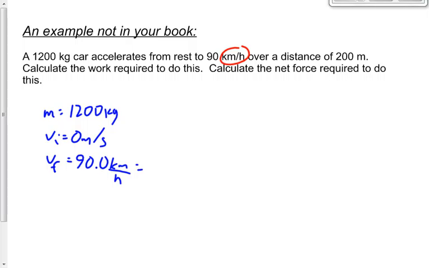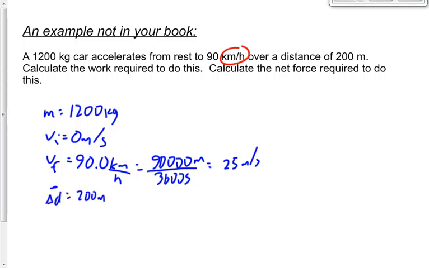It's 1,000, so it's going to be 90,000 meters per hour, or 90,000 meters per how many seconds in an hour? 3,600 seconds in an hour. That gives us 25 meters per second. All right. My displacement is 200 meters. We want to find the work, and we want to find the force that's required to do that work.